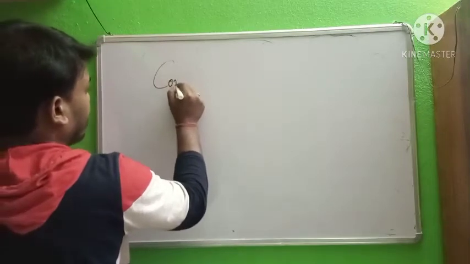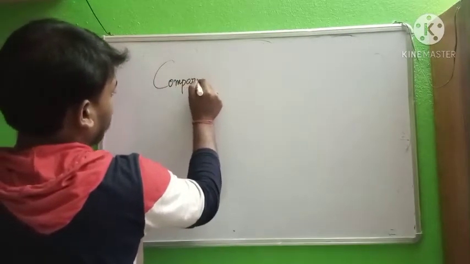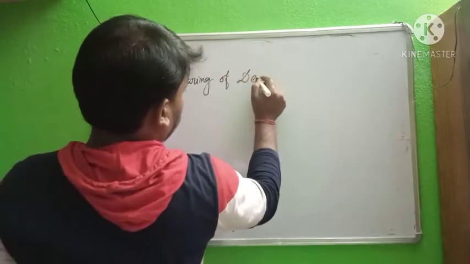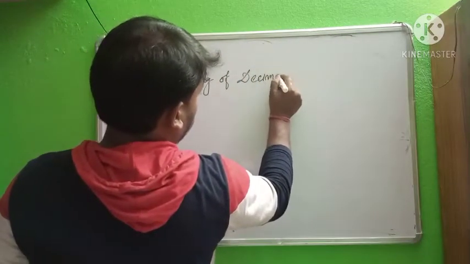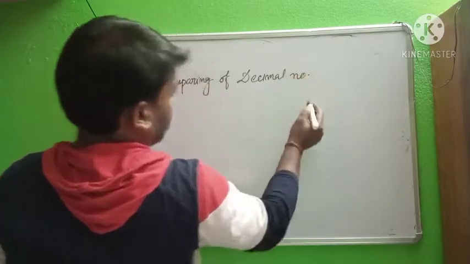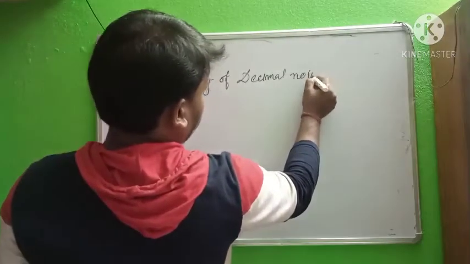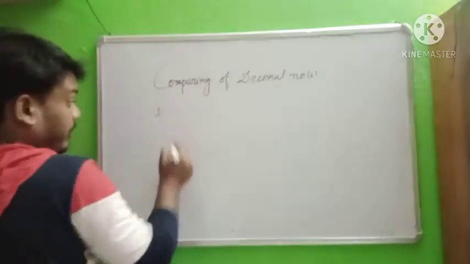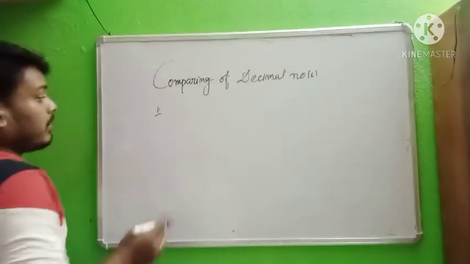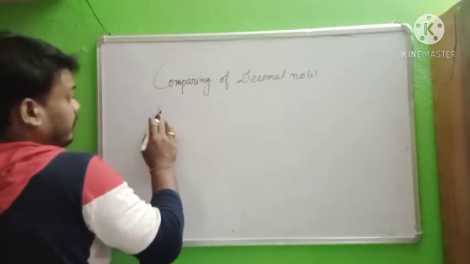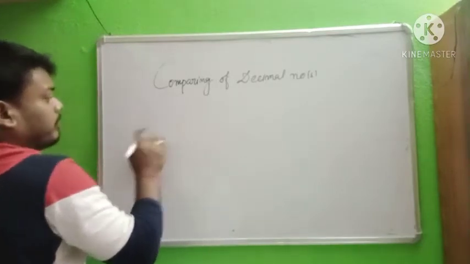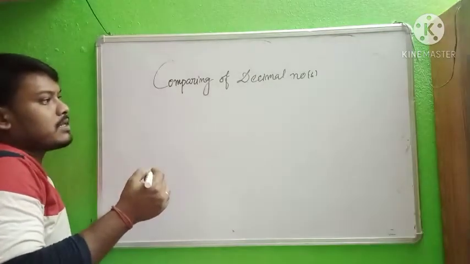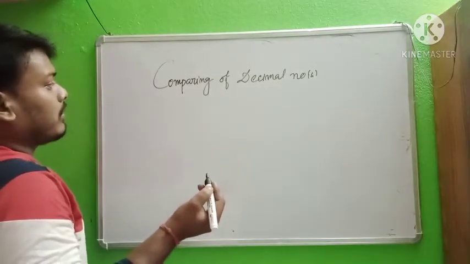Comparing of decimal numbers. So how to compare? We follow 2 or 3 steps. There are two processes.